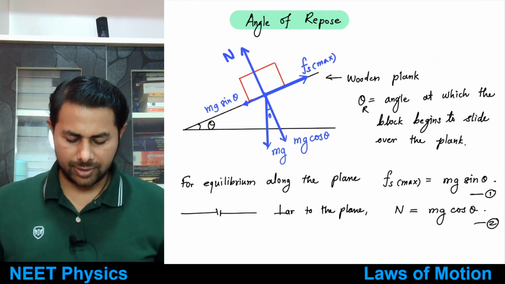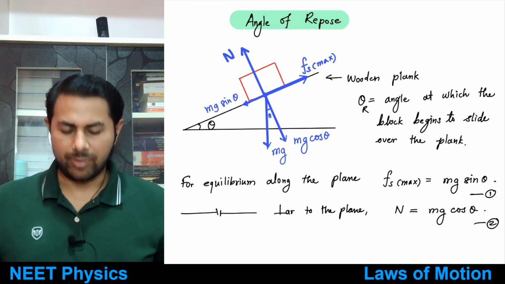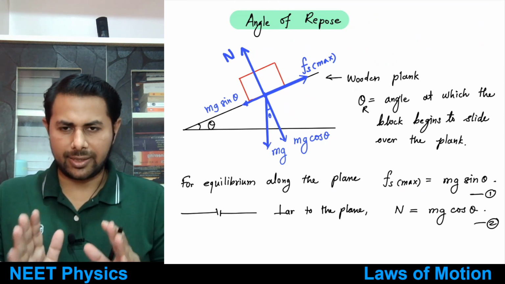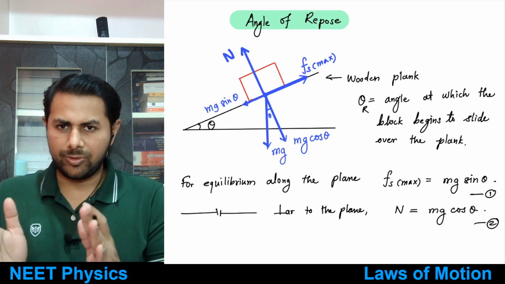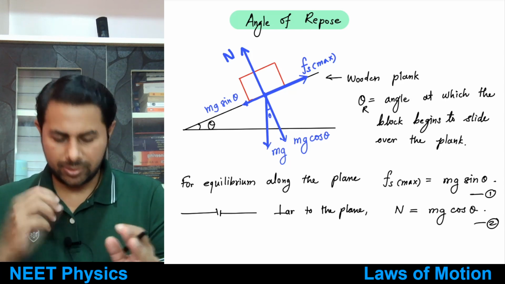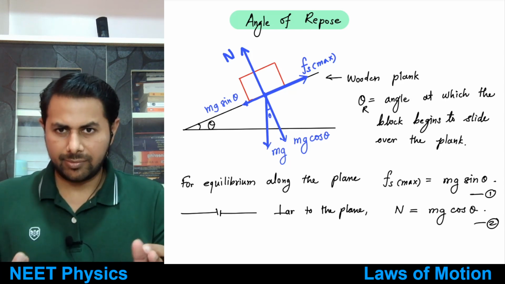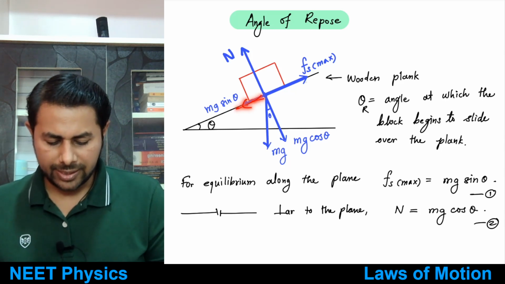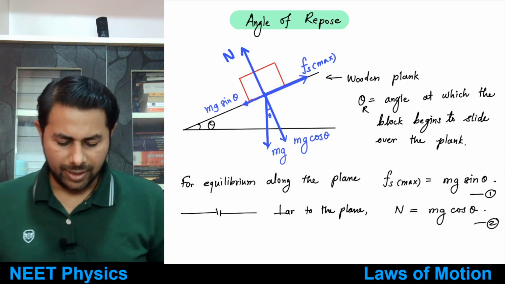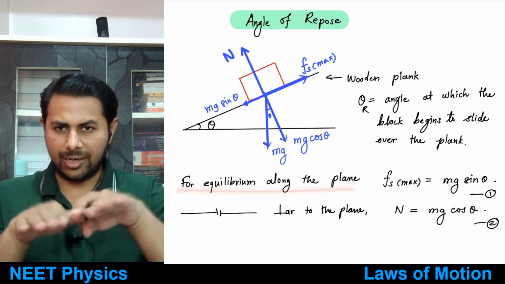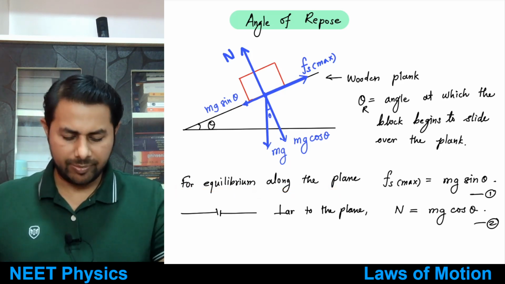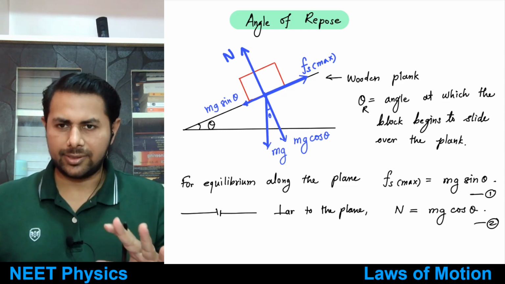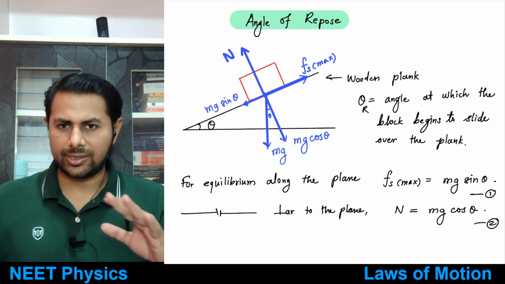Now for equilibrium of this body, let's say the body is not moving, it is just about to slide. Then this force and this force would be balanced. Equilibrium means the forces are balanced.